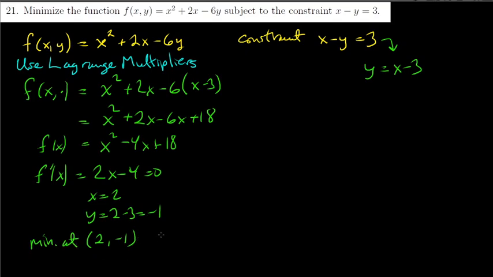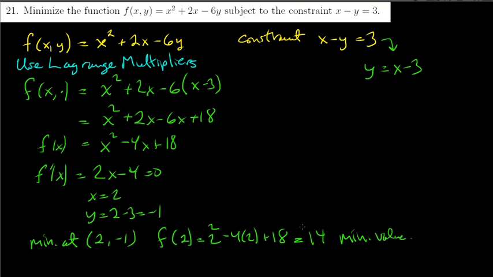And the minimum value is 2 squared minus 4 times 2 plus 18, which is 14, I think. 18 minus 8 is 10, 10 plus 4 is 14. So this should be the minimum value.